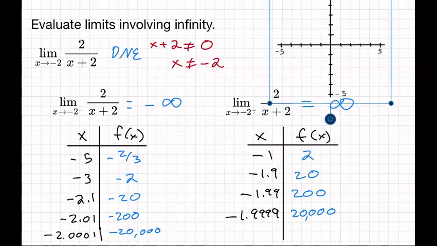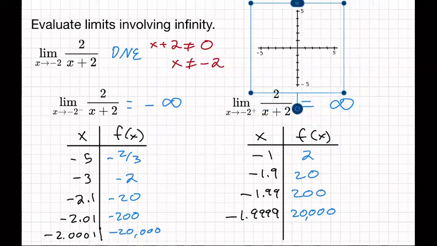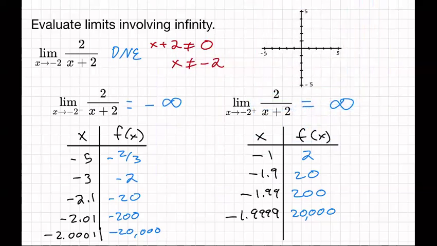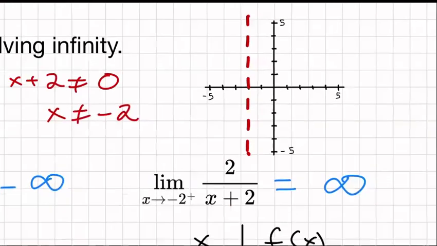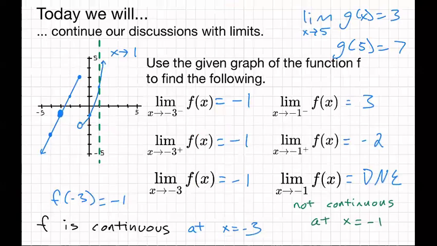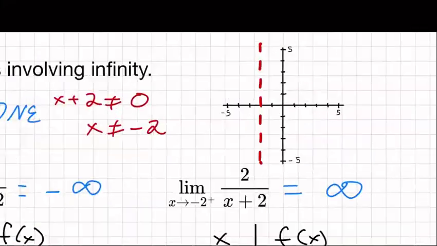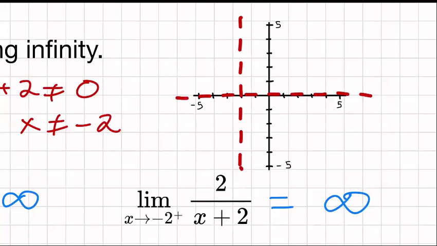Okay, so if I do a quick sketch of this graph, we said we can't use -2. What we'll see here is that when we graph it, our graph is going to look something like this.